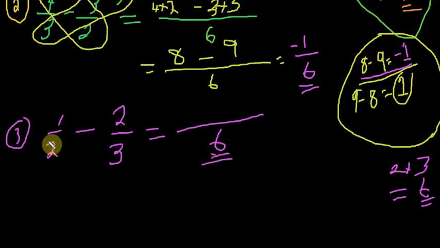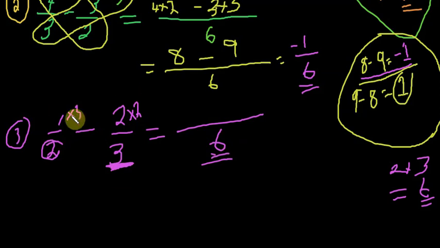Okay, how many times is 2 divisible by the lowest common multiple? It's 3 times. So multiply the numerator of 2 by 3. We also ask ourselves a question again: how many times is the second denominator divisible by our lowest common multiple? It's 2 times. So we multiply the numerator of the second fraction by the number of times its denominator is divisible by the lowest common multiple.